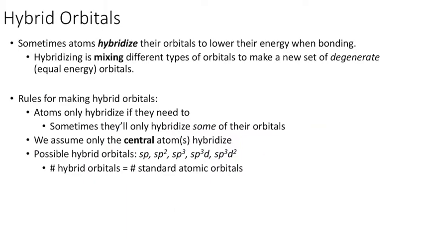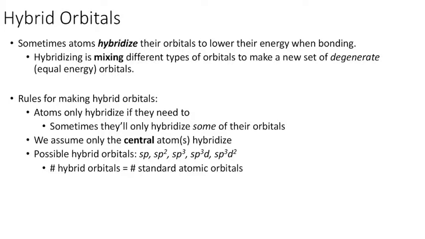Well, what we do is use something called hybrid orbitals. And this is a combination of orbitals from the atomic orbitals. So we take the regular atomic orbitals, the s and p that we're used to, we sort of throw them into a blender, and we produce some equivalent, degenerate, or equal energy orbitals.